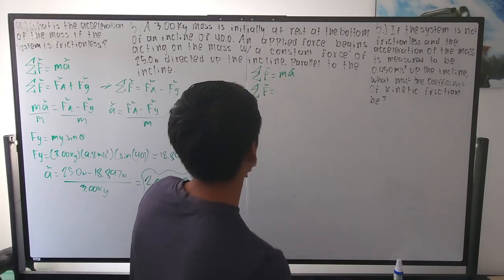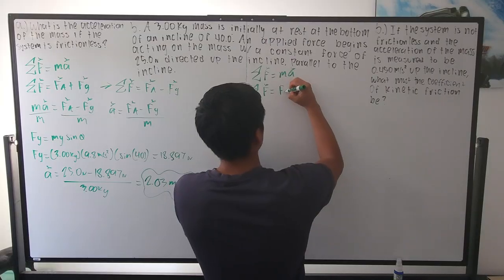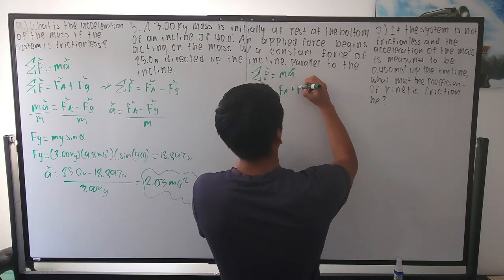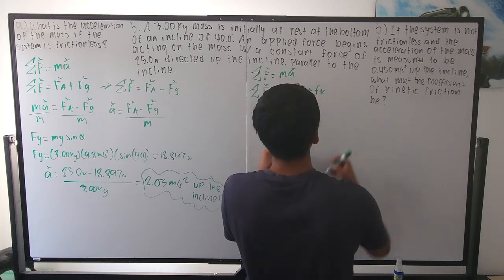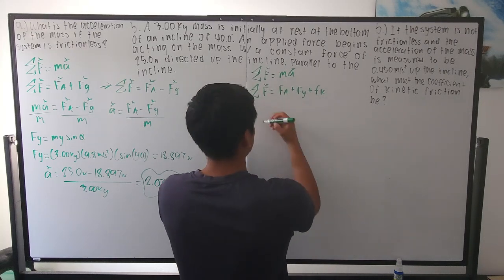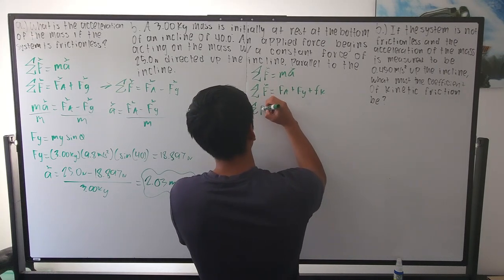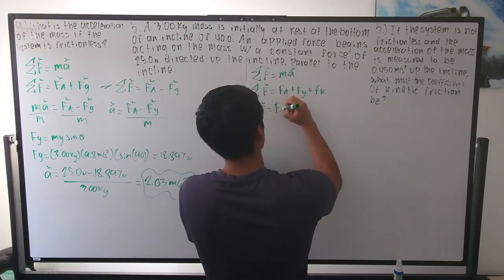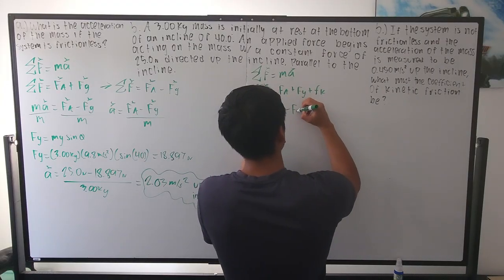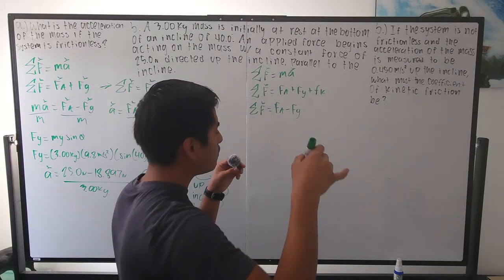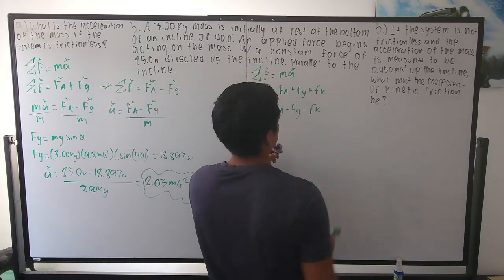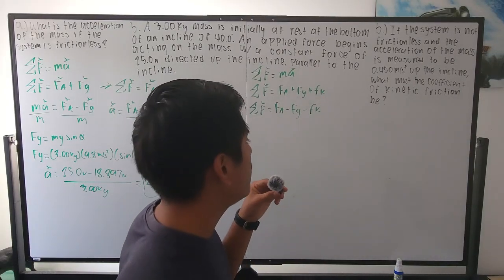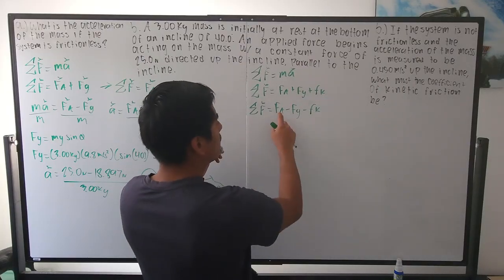In this case, we have the applied force, the force of gravity, and now we have the force of kinetic friction. Taking the directions of these into account, I'll have that the sum of all the forces is equal to the force applied minus the force of gravity, because gravity is going to be pulling my object down, and minus the force of kinetic friction, because kinetic friction is going to be opposing my applied force.